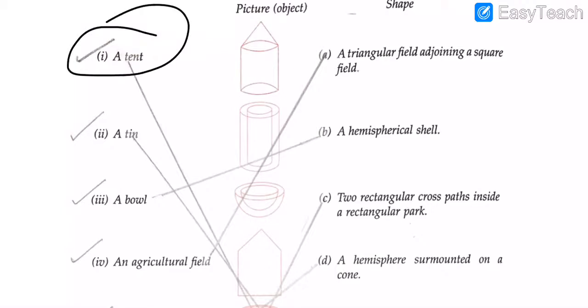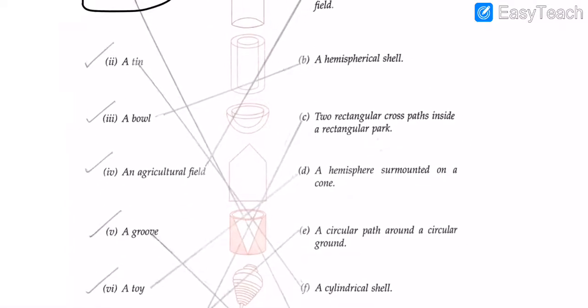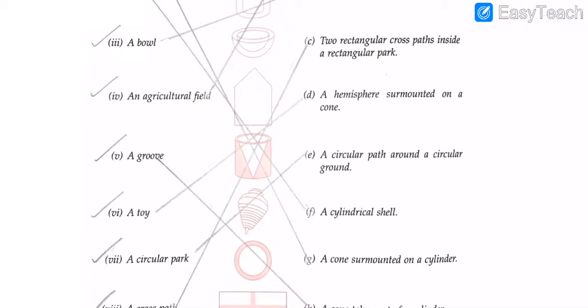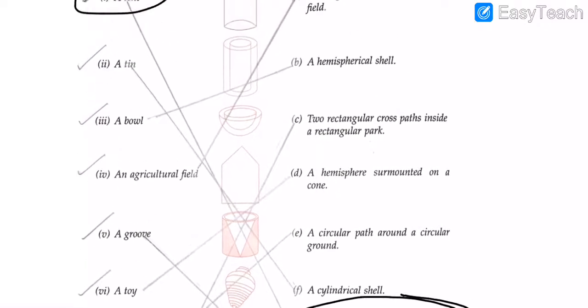A tent. What is a tent? Let's see what a tent is. A tent is a... Tell me what it is. Come on. A tent is none other than a cone surmounted by a cylinder.